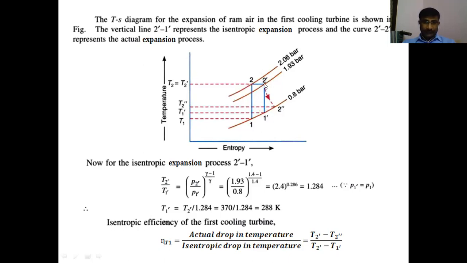Isentropic efficiency is the actual drop in temperature divided by the isentropic drop in temperature: T2 dash minus T2 double dash by T2 dash minus T1 dash. This turbine efficiency is also 80%. 0.8 is equal to, T2 dash is 370 kelvins, T2 double dash is the unknown parameter, T1 dash is 288 kelvins.